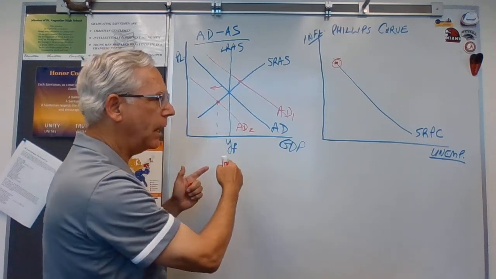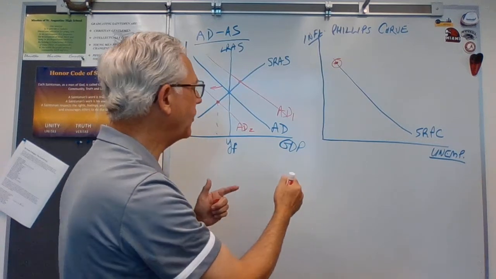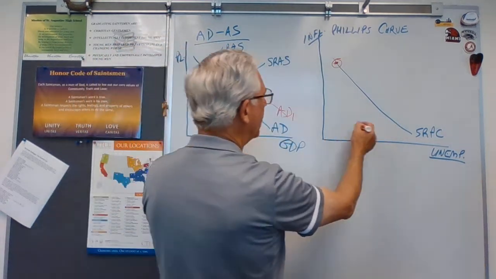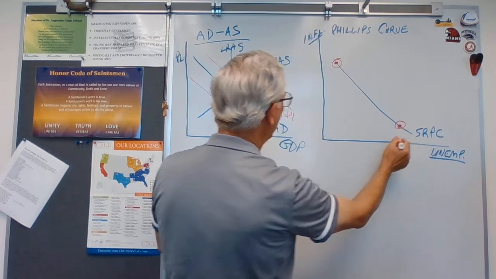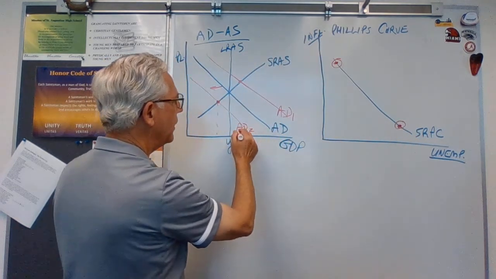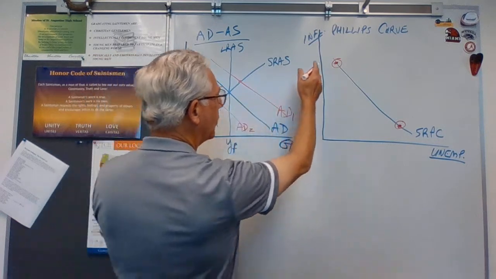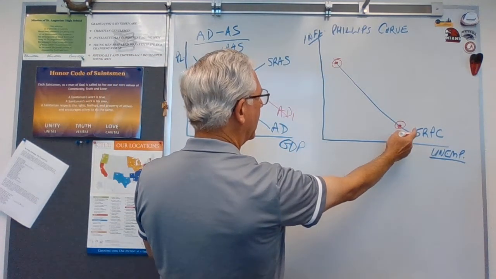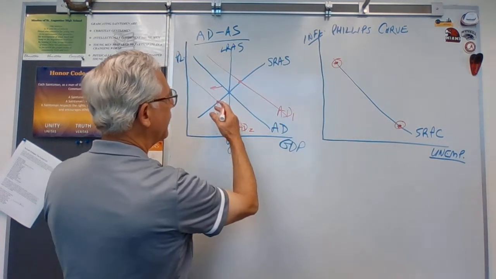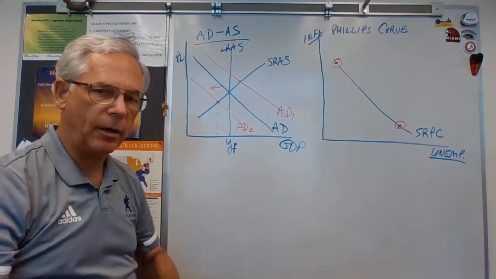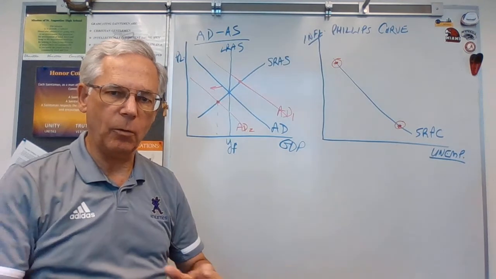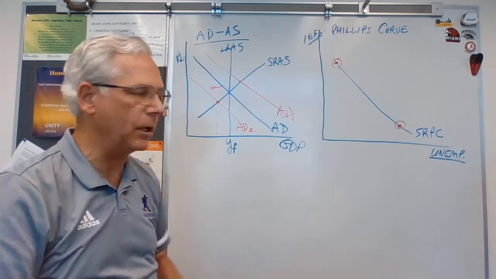We'd be operating at 6, 7, 8, 9, 10% unemployment. And that would be associated with a low rate of inflation, high rate of unemployment, with this point over here. So with AD2 shifting to the left, we slide down the Phillips curve. If AD shifts to the right, we move up the Phillips curve. All right, so that's just a review of what we talked about in class last week.